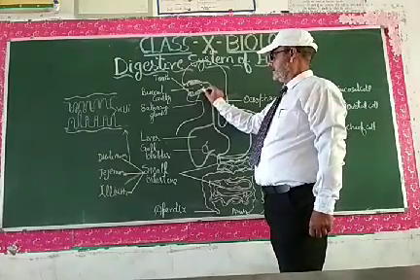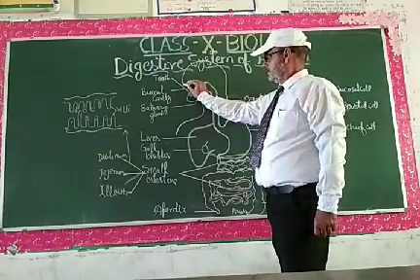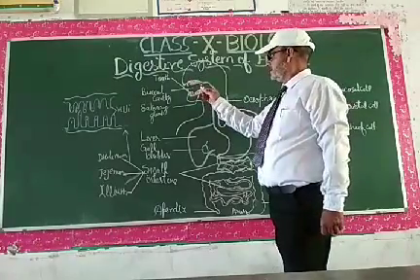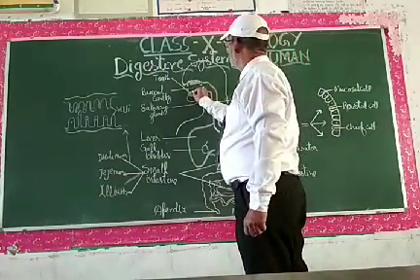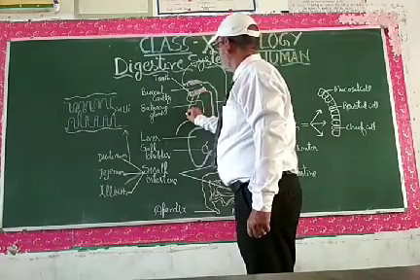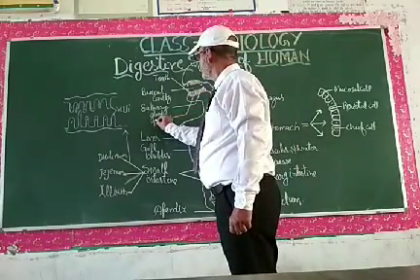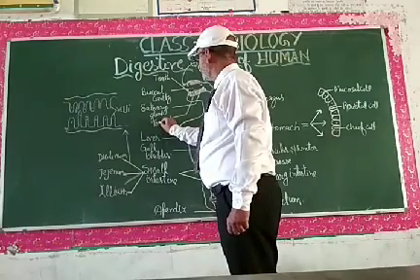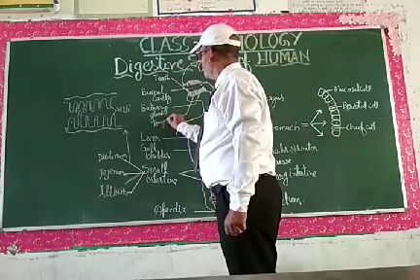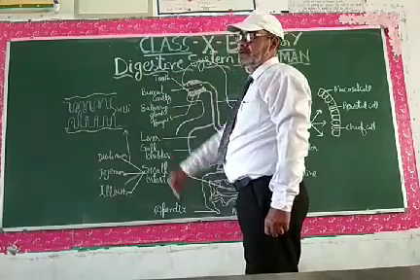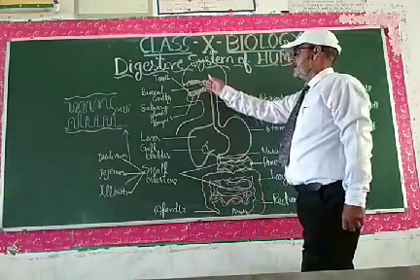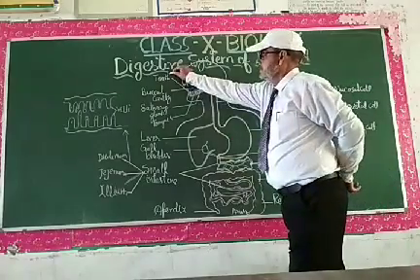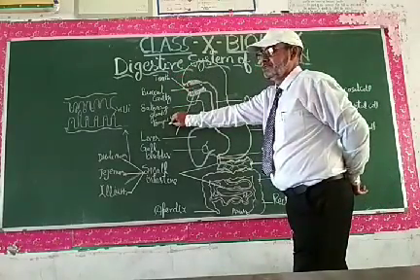And this mouth cavity mainly consists of three components: salivary gland, tongue and tooth. So three components are found in this buccal cavity: tooth, salivary gland and tongue.